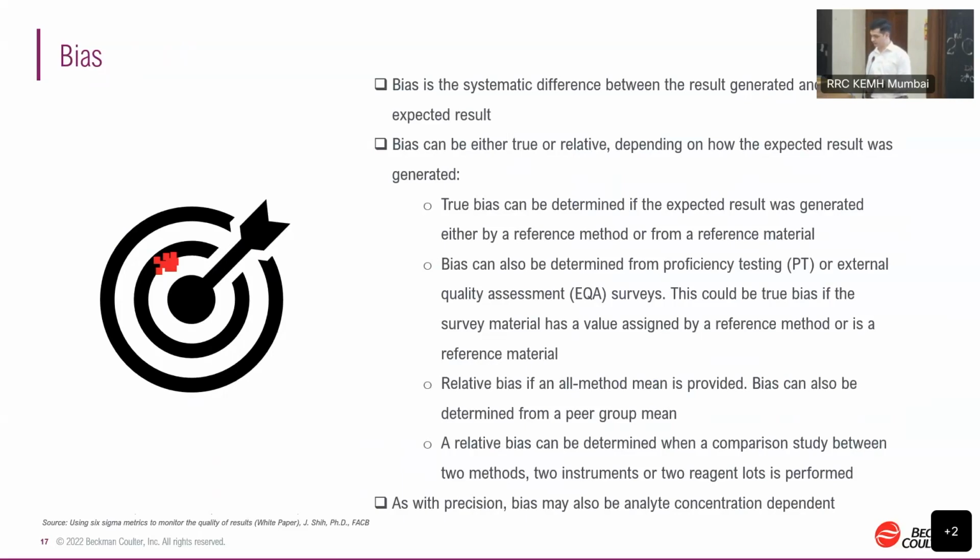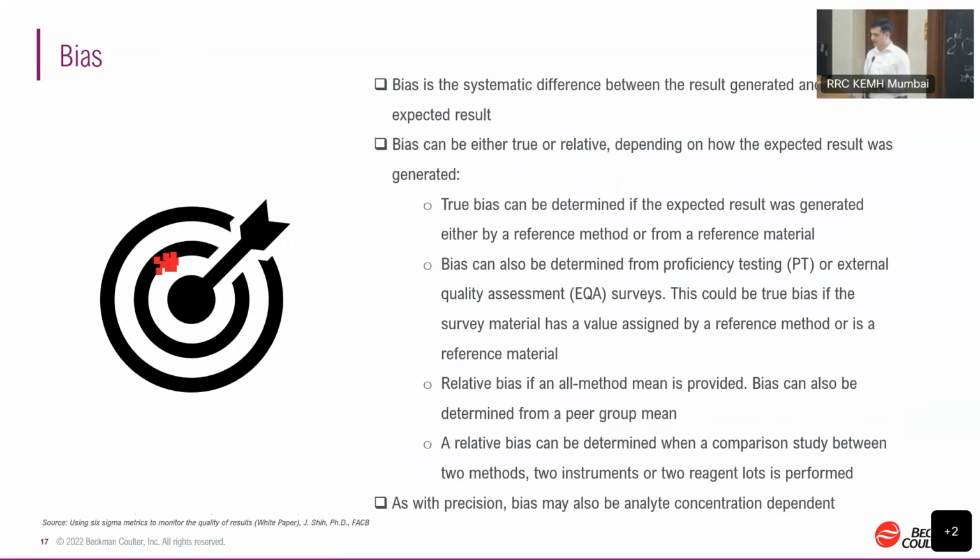And then the other one is relative bias. If you have all methods, for that analyte, all methods have been analyzed, and you get bias out of it. So that is called relative bias.